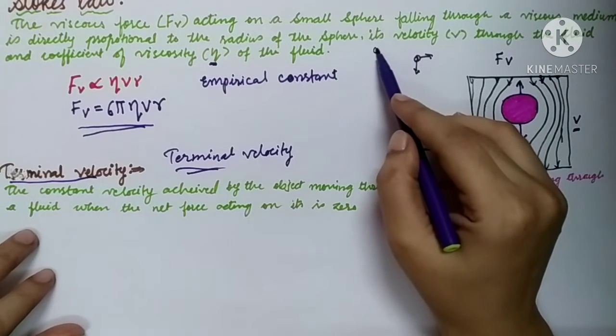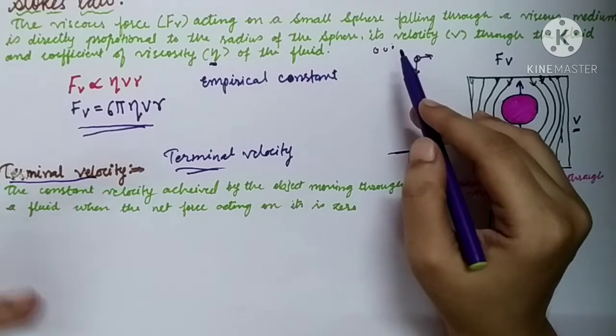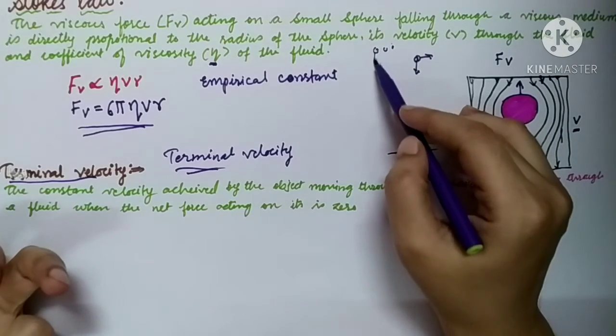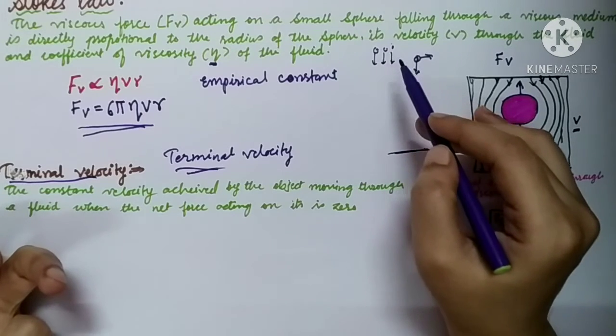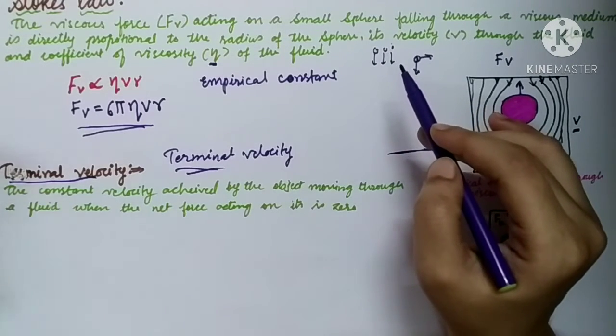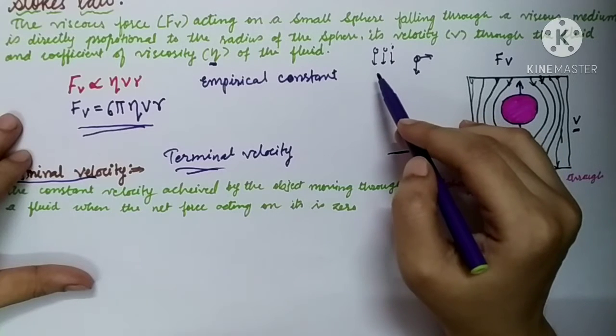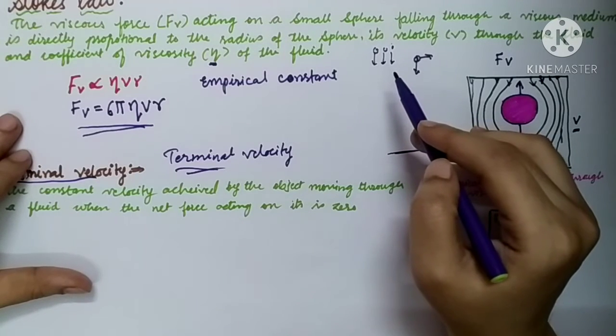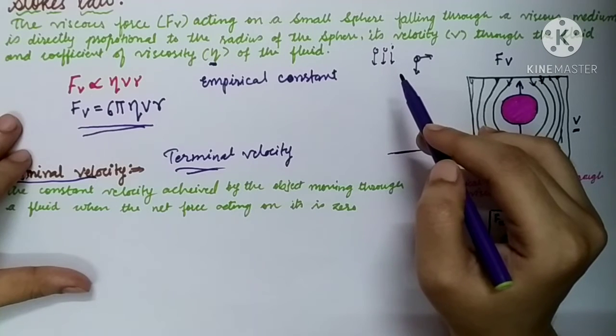Similarly, you might have observed the raindrops which are falling from the cloud, and they are also moving with a high velocity. But what happens? Do we experience the velocity of these raindrops when they fall on us?